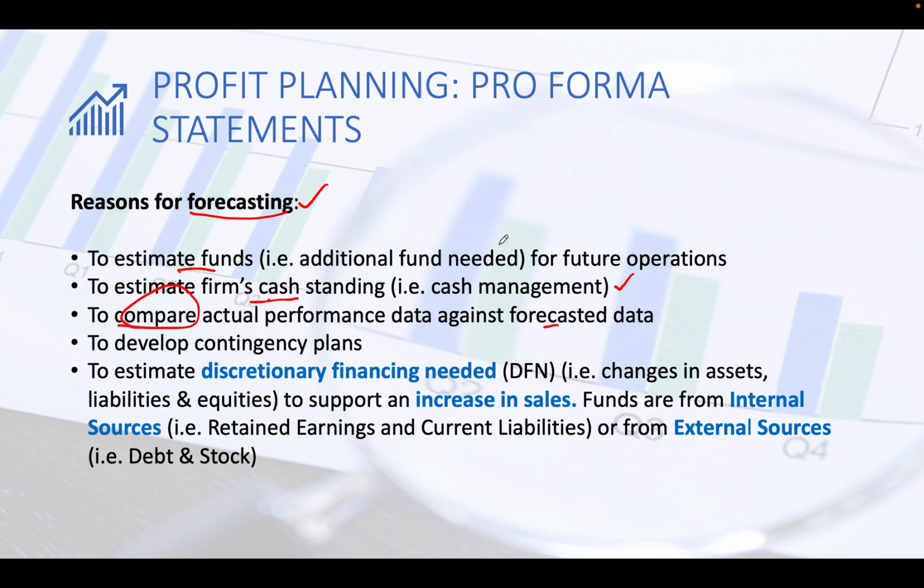Then from that comparison tu kita boleh evaluate the strength and the weaknesses. The fourth reason is to develop contingency plan. Sekiranya plan A tak jadi, then we need to go to plan B. Okay, and the final one, to estimate discretionary financing needed.